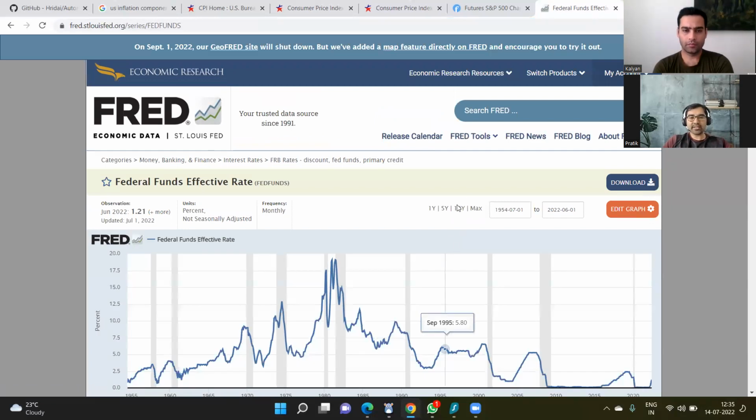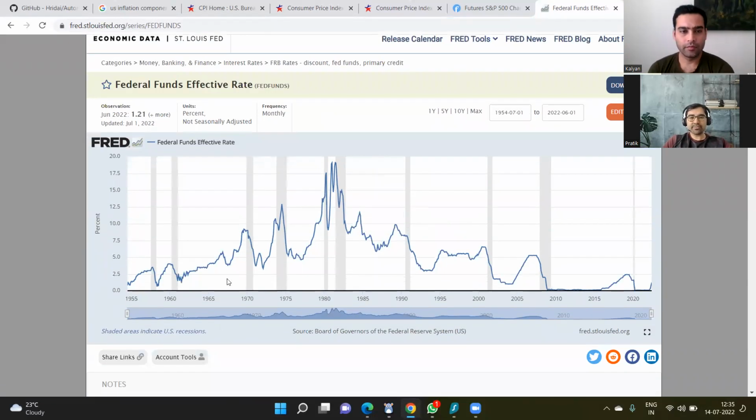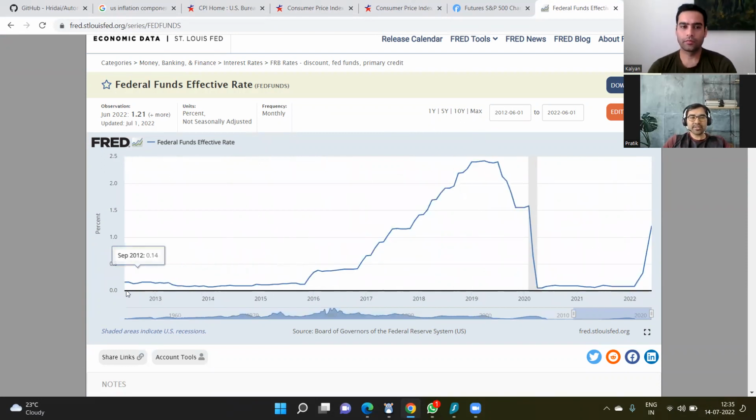If you look at 10 years of data, it was effectively at 0%. It went up to a maximum of 2.4% in mid-2019.